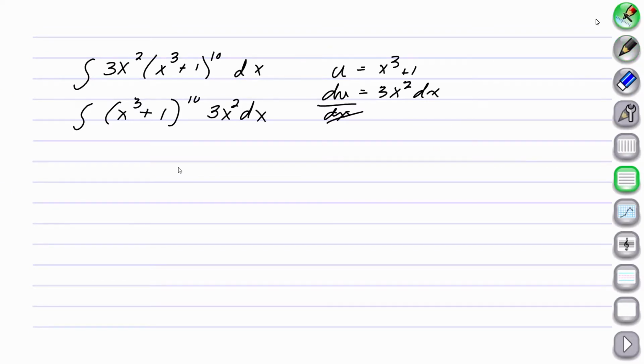Okay, so what I want to do is look at this part right here, and that is equal to u. So I'm going to write this as u to the 10th. And this whole thing is equal to du.